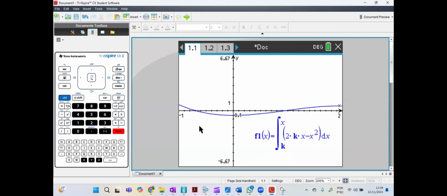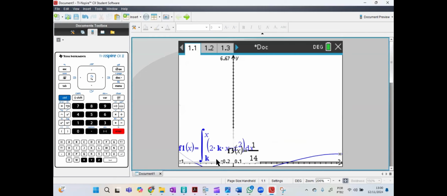And then what we want to do now is to graph another function, which is 1/14, and see the intersection with this line. To get a better view, we can change this to -0.2, 0.2, and here 0.2.